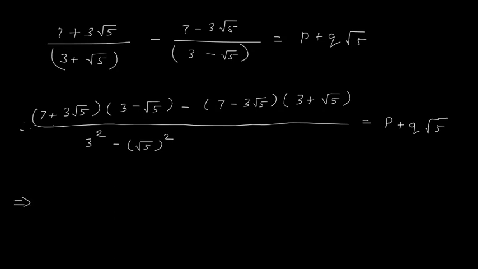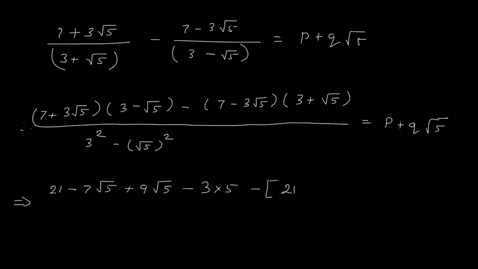now here we multiply 7 into 3, 21, then 7 into minus root 5, so it is minus 7 root 5, then this plus 3 root 5 into 3, 3 is the plus 9 root 5, then 3 root 5 into root 5, first I will use minus sign because this is plus and negative, and this is 3 into 5, root 5 into root 5, okay, minus I will use a bracket. Now this 7 into 3, 21, here it is minus sign, therefore I am using bracket.